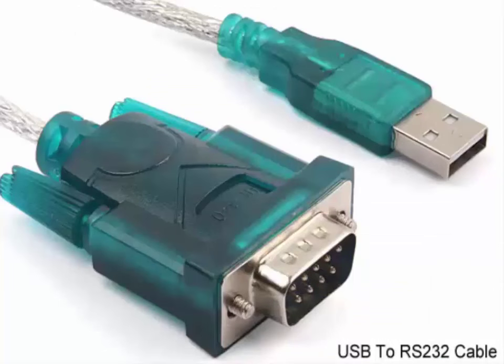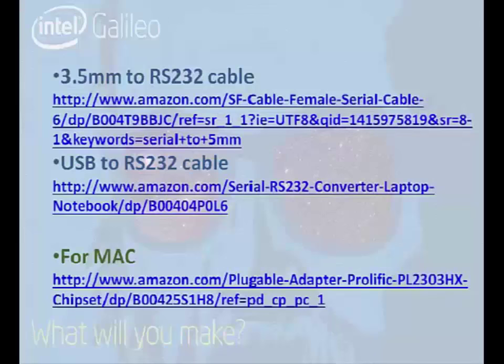Thus, I use an RS-232 to USB converter cable as shown in the image. Let us name this Cable 2 for our future references. You can order these cables online from the given links. Please note that a different RS-232 to USB converter cable is required for Mac. Download link for the same is also provided for your reference.